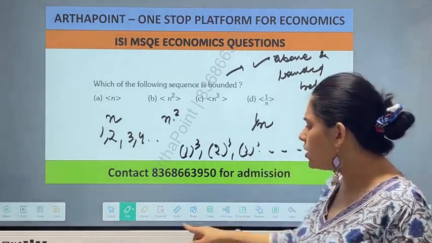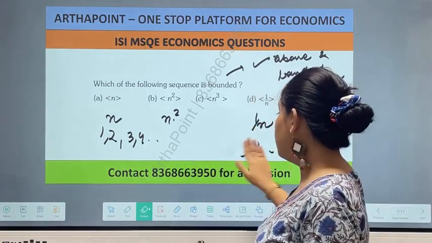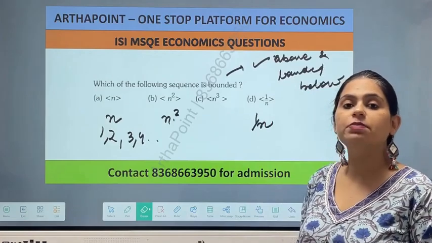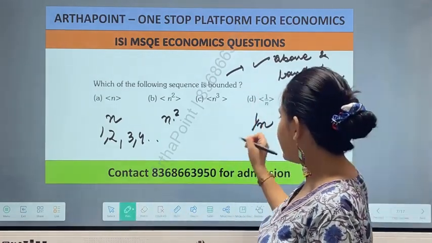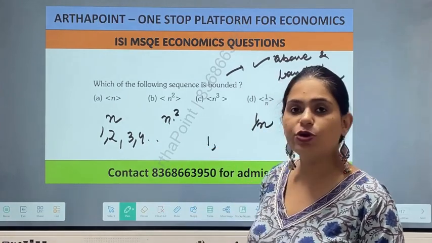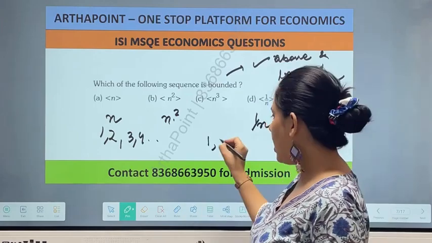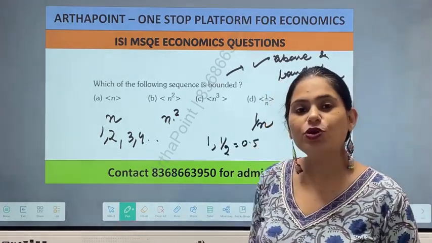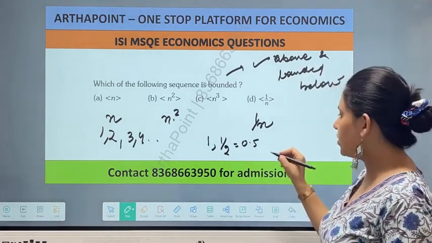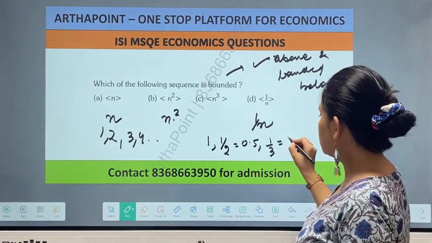Let me start by putting n as 1. When you put n as 2, what will you get? Half. That means 0.5. When you put n as 3, what will you get? 1 by 3, 0.33. Then 1 by 4, 0.25. And so on and so forth.